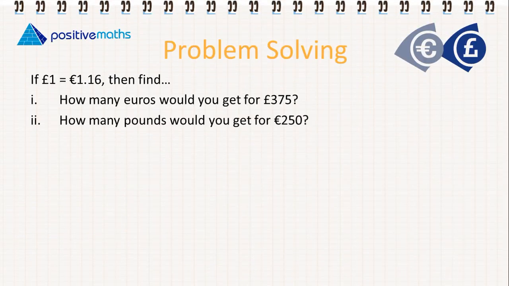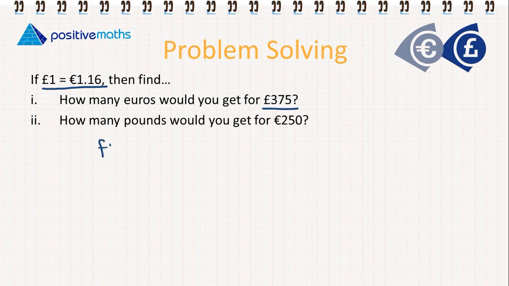Okay, here we have some pounds. If £1 is equal to €1 and 16 cents, then find how many euros you would get for £375, and how many pounds would you get for €250. Again, for part 1, we already have the value of £1, so therefore we can find £375.